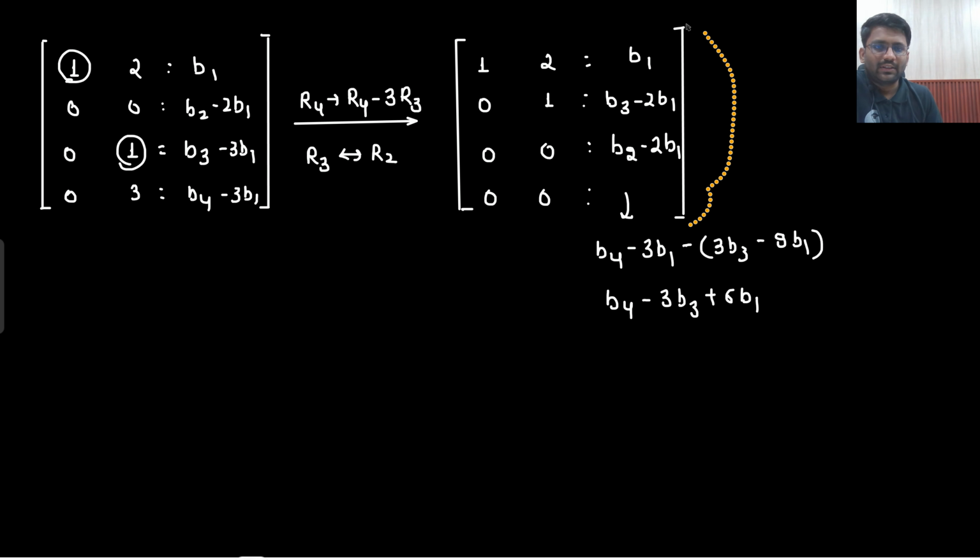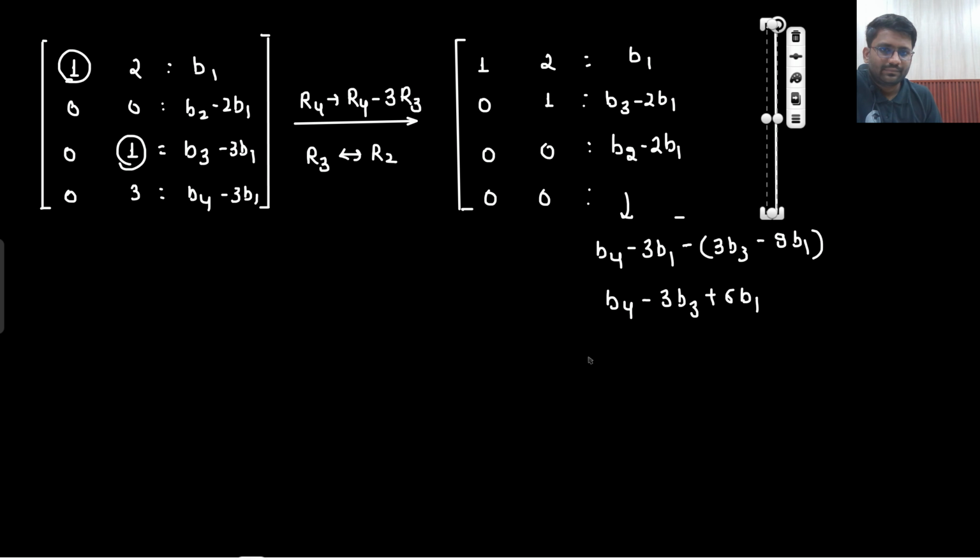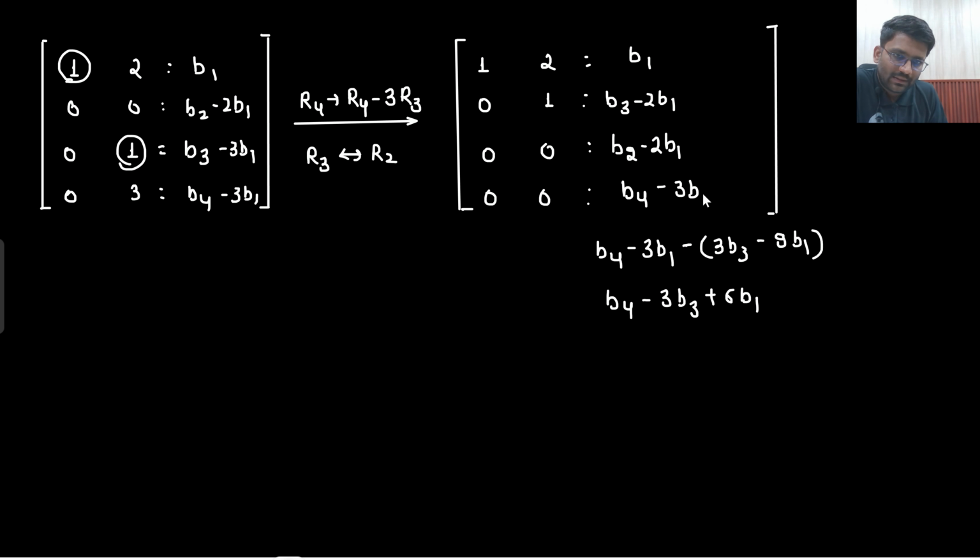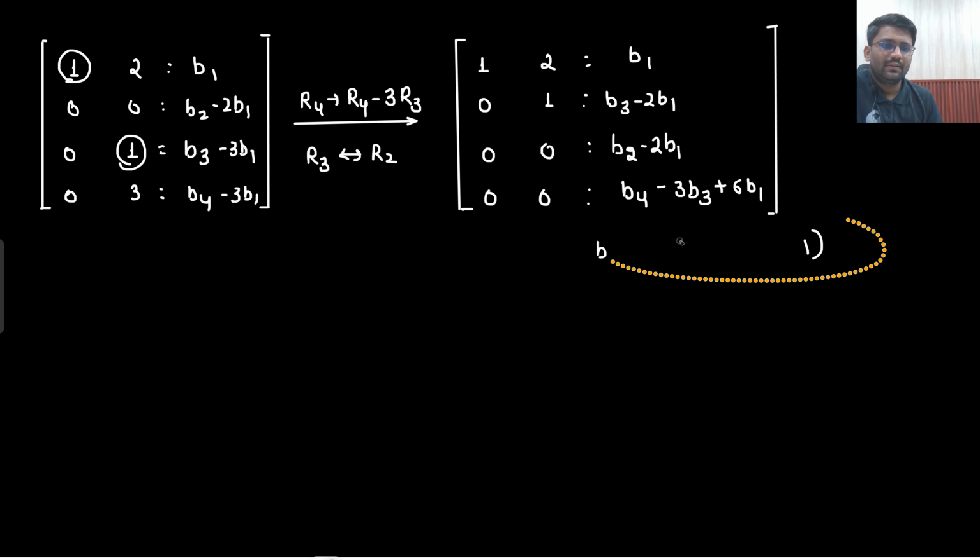Eventually, this is the scenario we are getting: B4 minus 3B3 plus 6B1. Understandable? Now, what do you want?